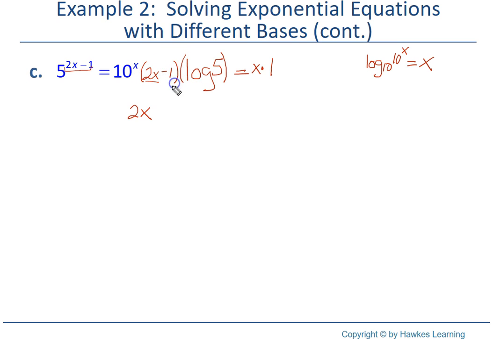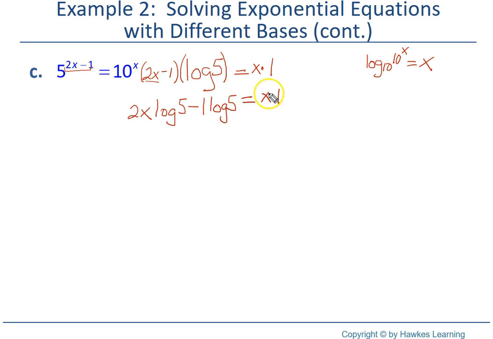Theoretically, you can put a parenthesis around here as well. 2x times this, and this is log of 5 minus 1 log of 5 equals x. And then again, this is times 1 here.